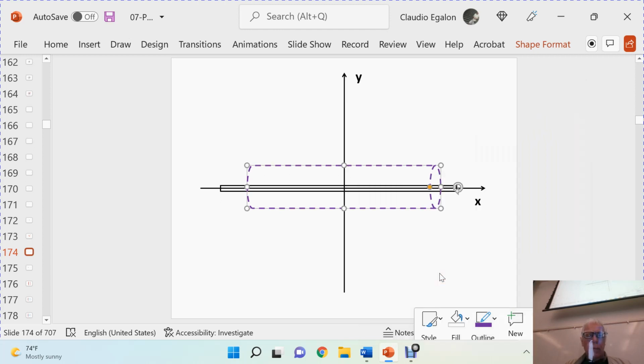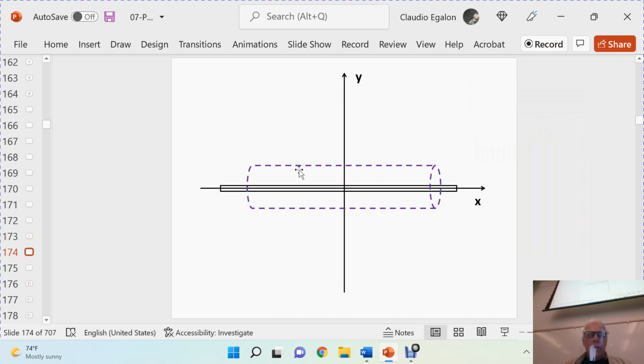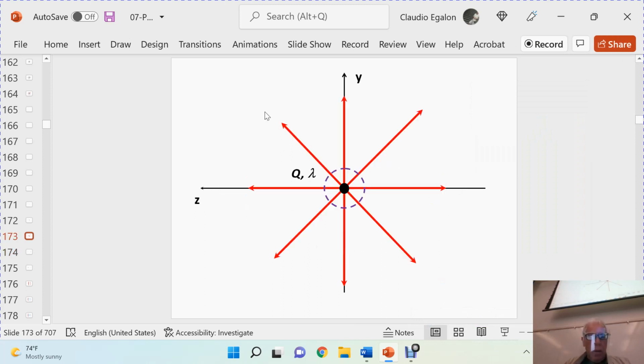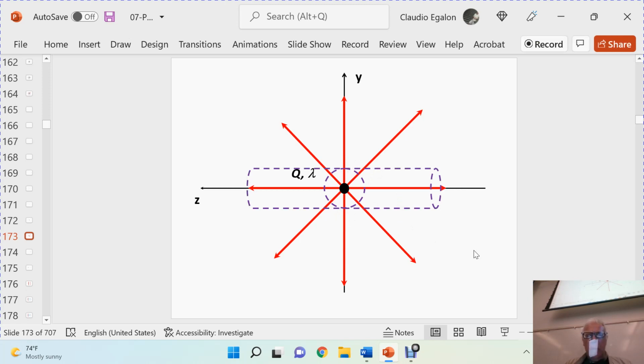Let's see how it looks. Let me see if this one is too big compared to the other one. Yeah, it's a little bit bigger. Let me shrink it a little. My cylinder is going to be consistent with this circle there.